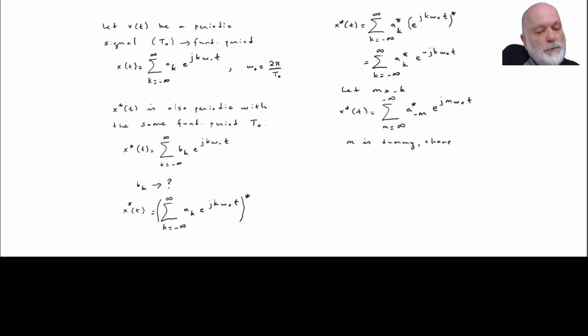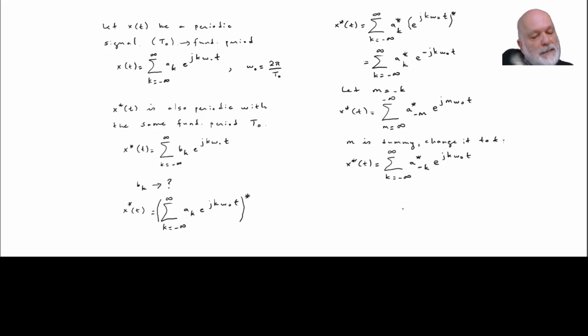Change it to k. So x conjugate of t is equal to, and we can change the order, the sum over k from minus infinity to plus infinity, a minus k conjugate e to j k omega 0 t.